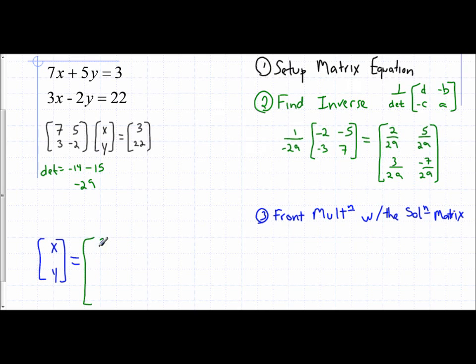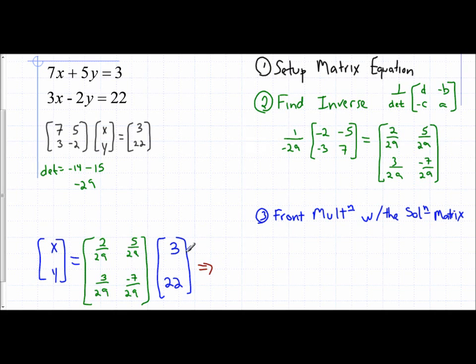So 2 over 29, 3 over 29, 5 over 29, and -7 over 29 times your solution matrix, which is 3 and 22. And then perform that operation.